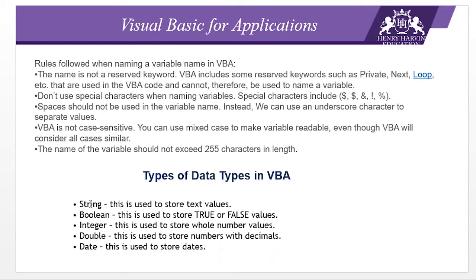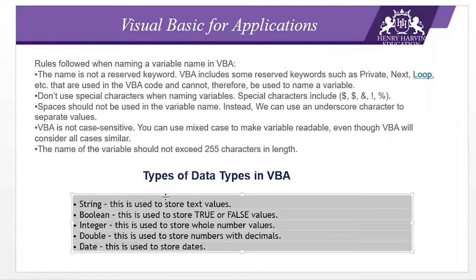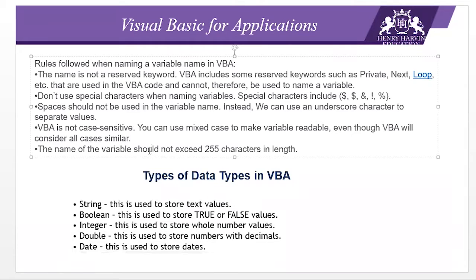If you talk about string, this variable is used to store text values. Boolean is for true or false. Integer stores whole numbers, and double is used when you have decimals. Date, of course, is for dates. If you don't know what the variable type should be, you can define it as variant.